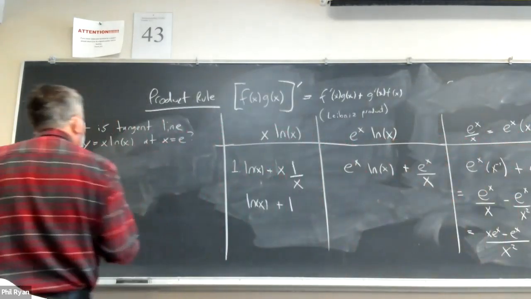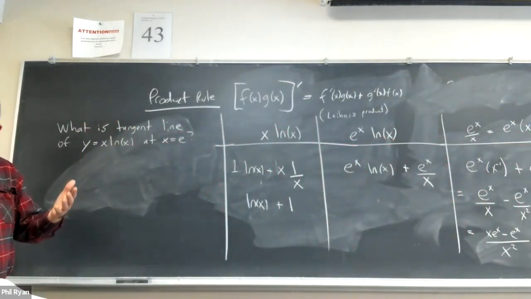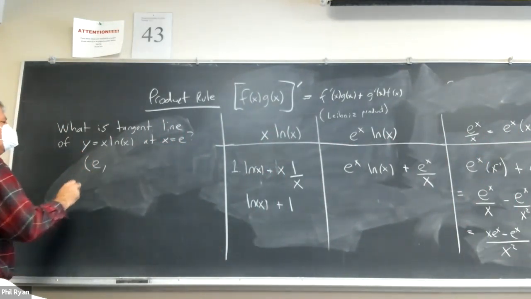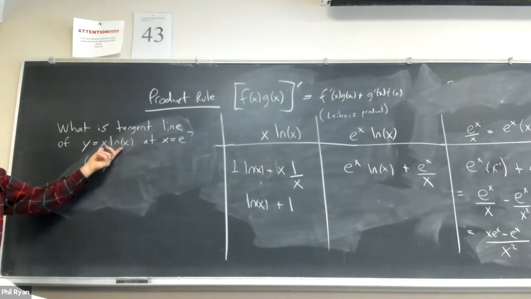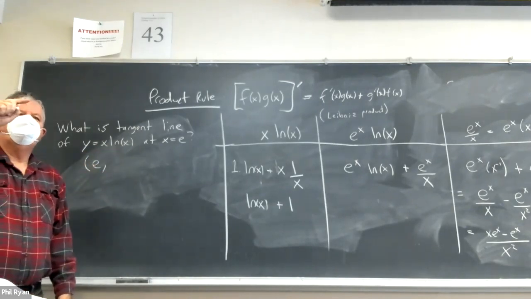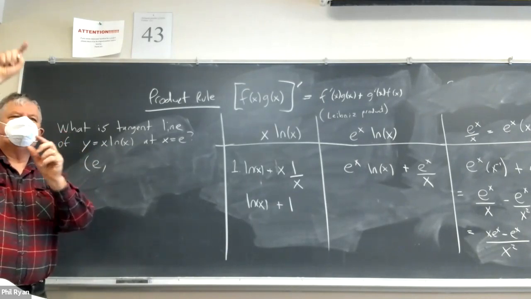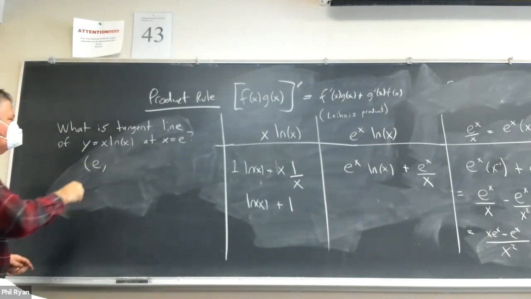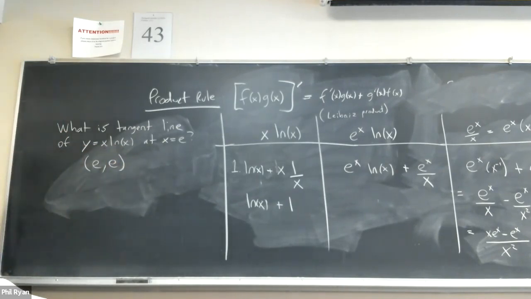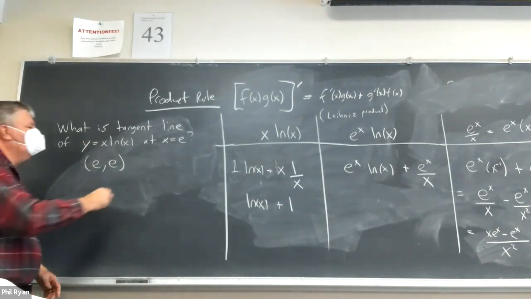Okay, I just need a point and a slope. The point is x is going to equal e. What does y equal? What does ln of e equal? 1, right? Because ln of something is the exponent of e to it. So that'd be 1. x is e, so it's the point (e, e).